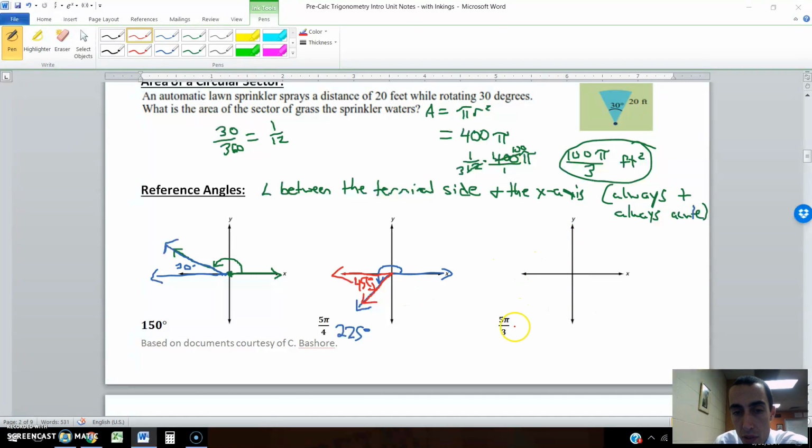Last up, 5 pi over 3. If we convert this one into degrees, it is going to be 300 degrees. We do our simplifying and everything else. So this would start at the positive x-axis, go past 90, 180, 270, 300.